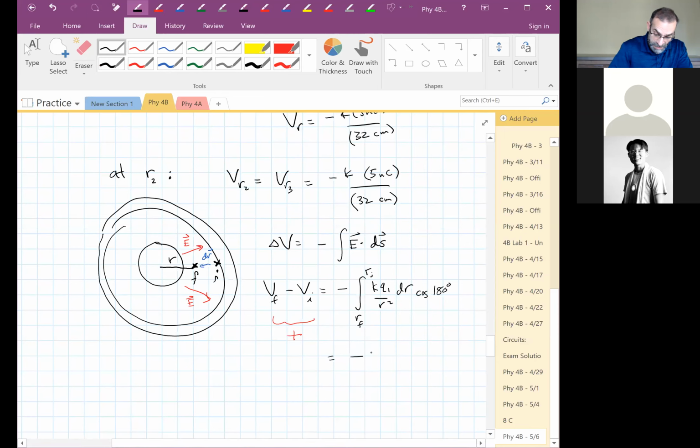I've got a minus k. Q is positive 10, but I would use my absolute value anyway. Cosine 180 makes that a positive now. And I've got an integral dr over r squared from r to r2.